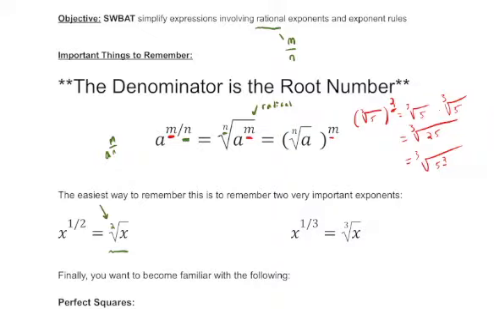Now that's a lot to remember. Here is the easiest way to remember it. Memorize these two. Memorize that to the 1/2 power means the square root. That is by far the most common one that comes up. Now the reason this is tricky though, is because both parts of this exponent are kind of invisible.